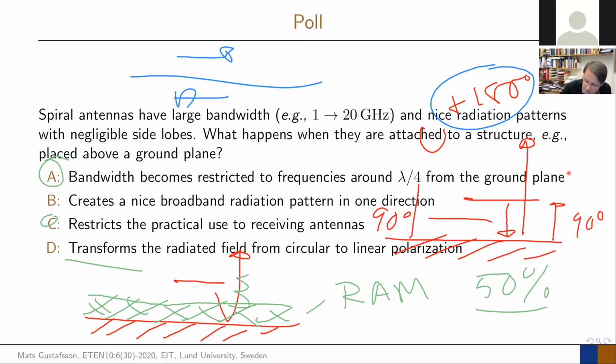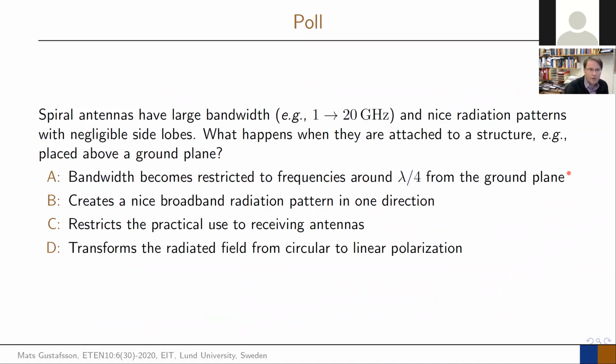Another interpretation of this, if you do it with image currents, is that this one is again 90 degrees, and of course this one is then 180 degrees plus 180 degrees. Then you have a 360 degrees phase shift and you're back where you started and you have constructive interference. That is what happens when you put it above the ground. Okay, I hope that answered your question.